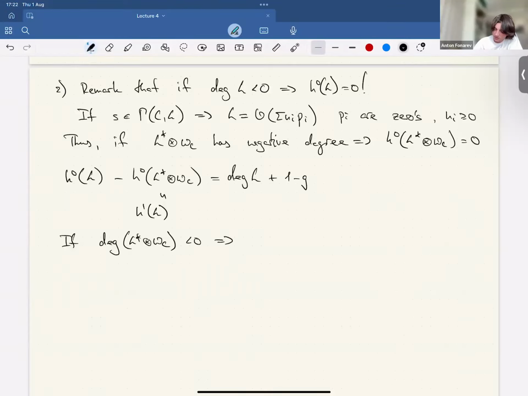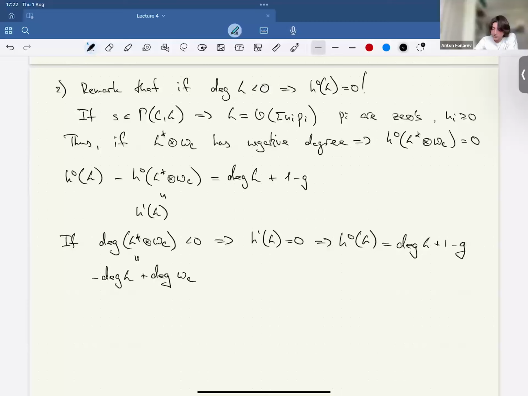then h1 of L equals 0, and then h naught of L equals simply the degree of L plus 1 minus g. And usually the degree and the genus are very, very computable. What is this? The degree is additive. So this is minus the degree of L plus the degree of omega c. But we've computed the degree of omega c.